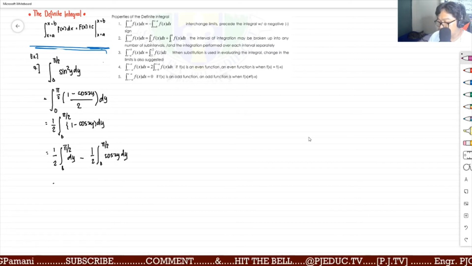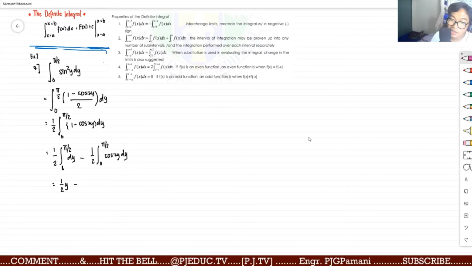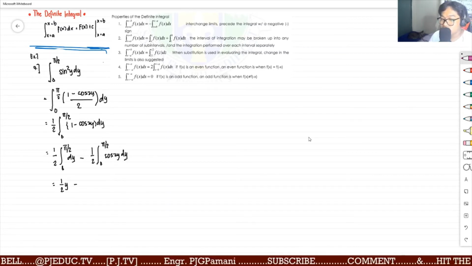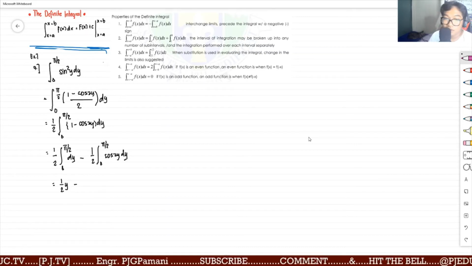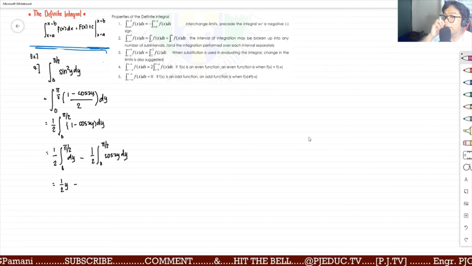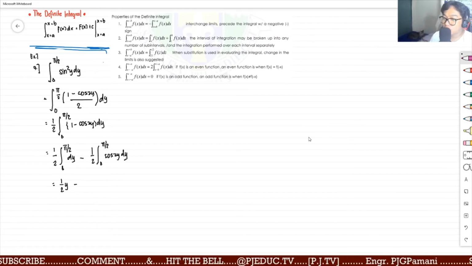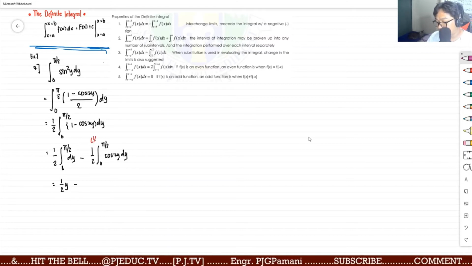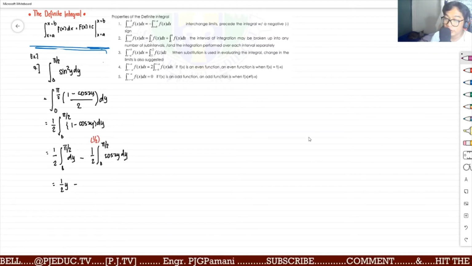Then integrate: 1/2 of y minus, what is the integral of cosine 2y? That is positive sine 2y, but we have a function 2y, so we introduce a correcting factor of positive 1/2.